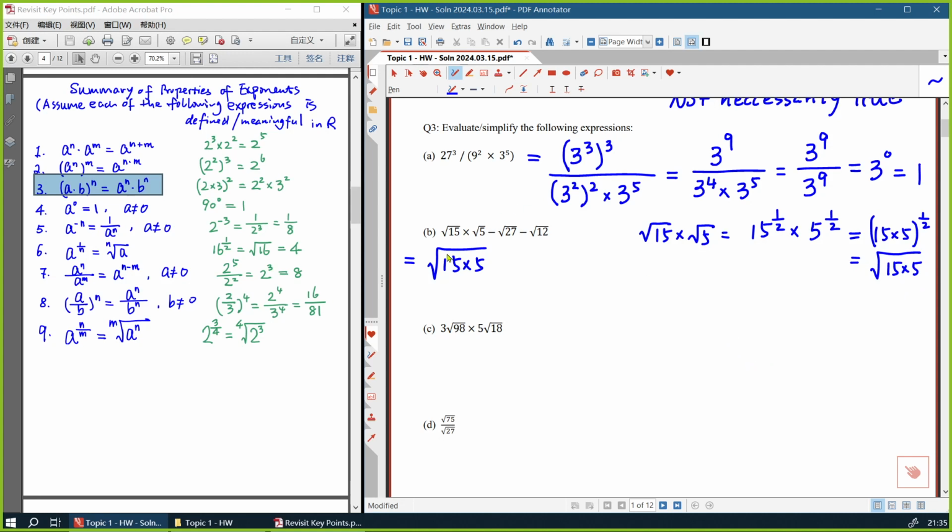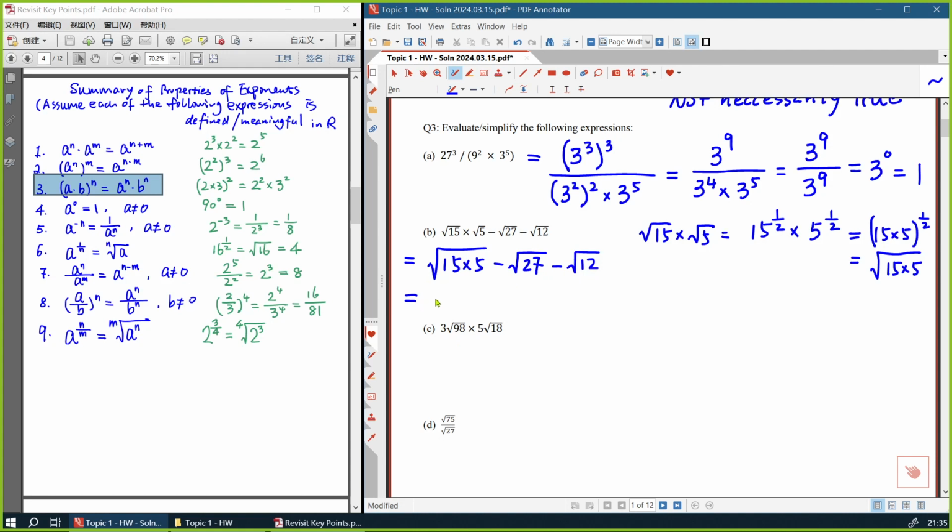So next time, if you have the same nth root of some numbers, you can put them together under the root symbol, right? So square root of 15 times square root of 5 is actually the square root of the product of these two numbers. And then minus square root of 27 minus square root of 12, right?